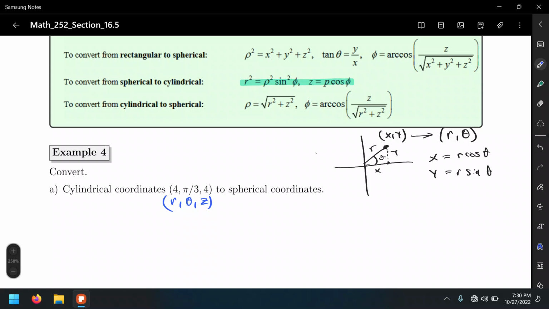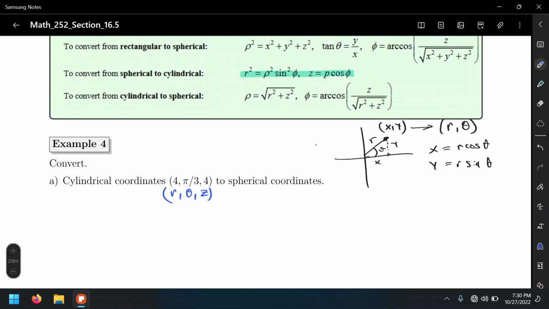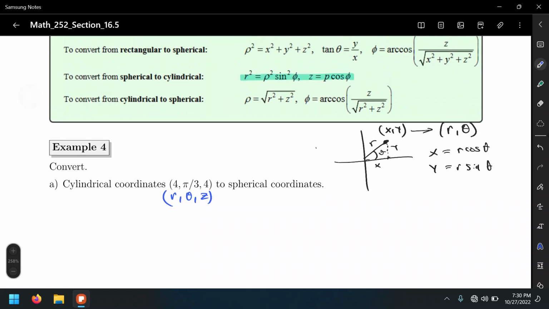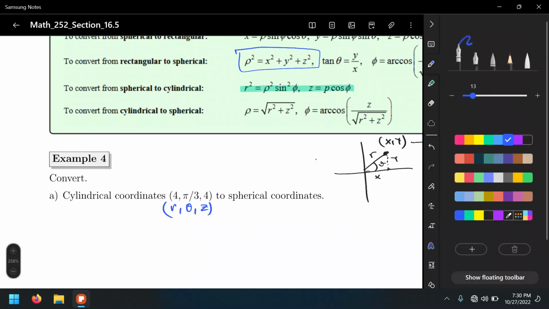All right. So on the one hand, how do we go from r to rho? From one of the relations that we have here, this one in particular, we know that... How do you know it's r, theta, z and not rho, phi, theta?